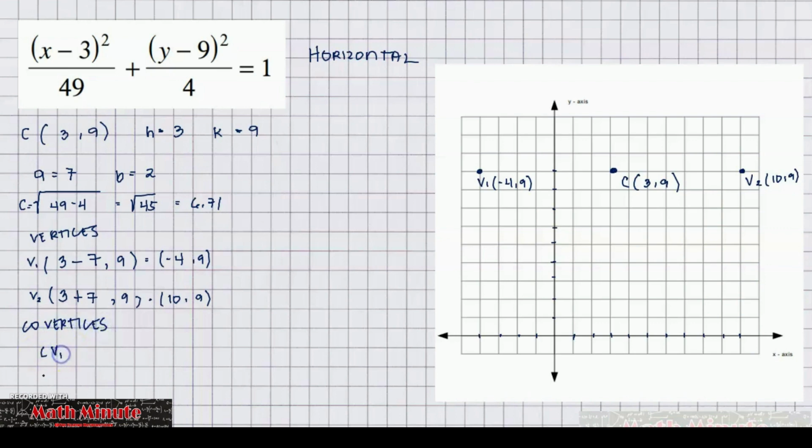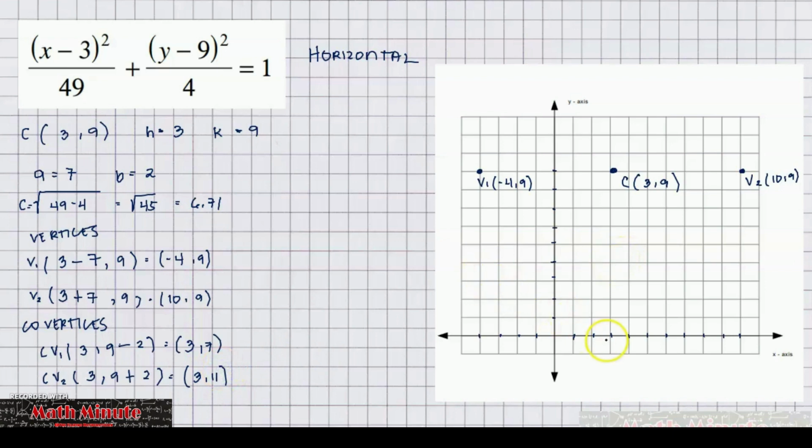For CV sub 1 and CV sub 2, we copy h here, we copy k, we subtract and add the value of b, which is 2. So this will be 3, positive 7, and this will be 3, positive 11.